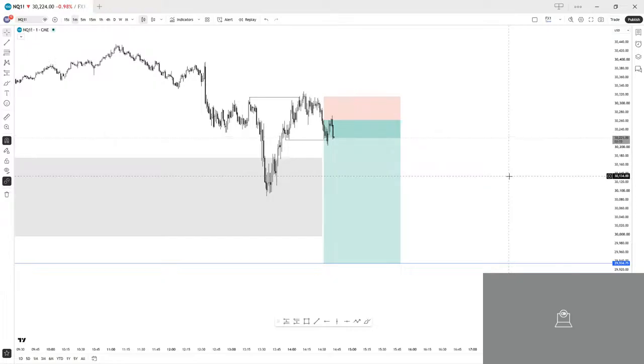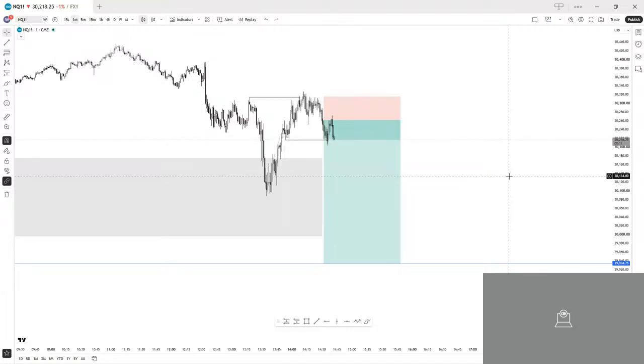Currently floating in profits. Almost at 1 hour. Let's see. Price is heading in the direction perfectly.